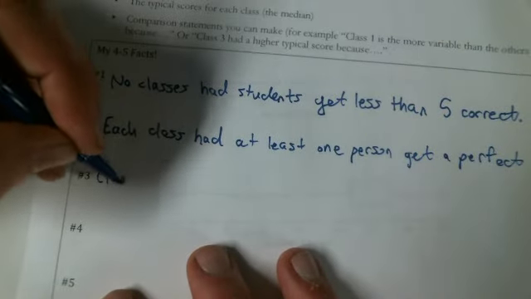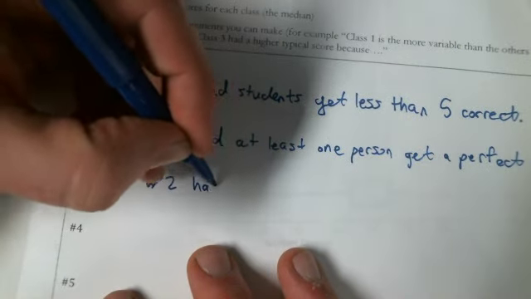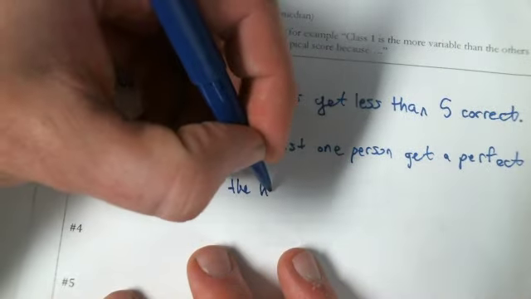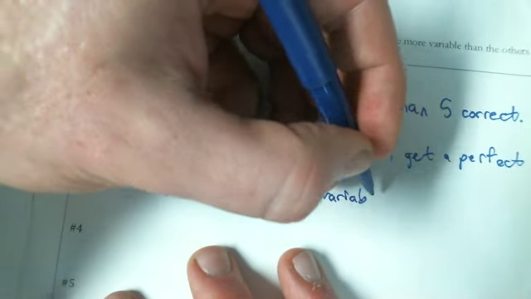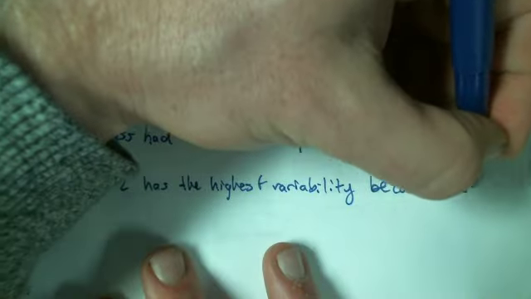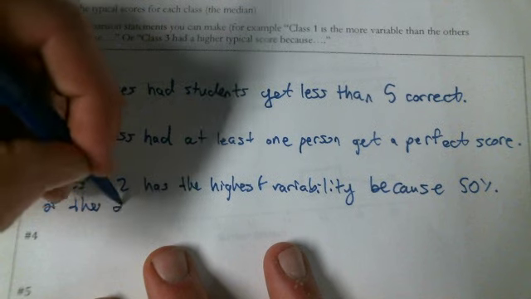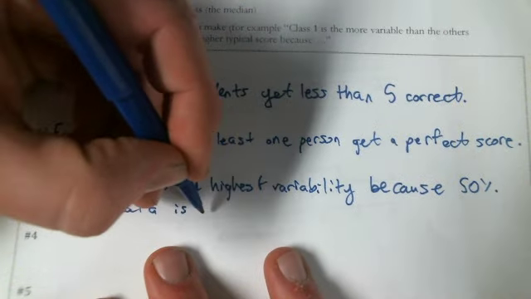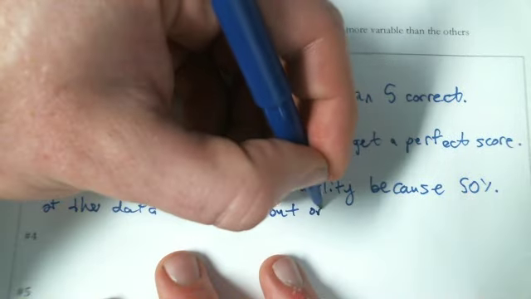Class 2 has the highest variability because 50% of the data is spread out over, let's see, how big is that range?